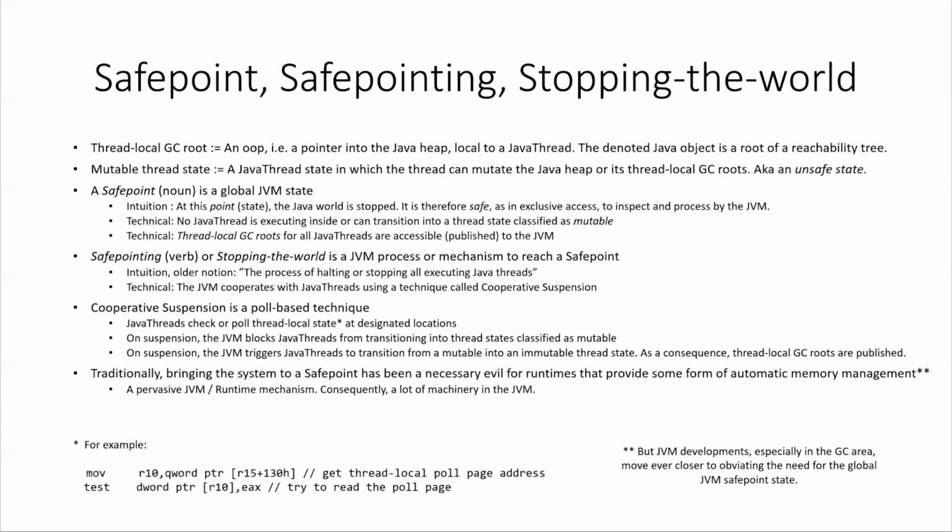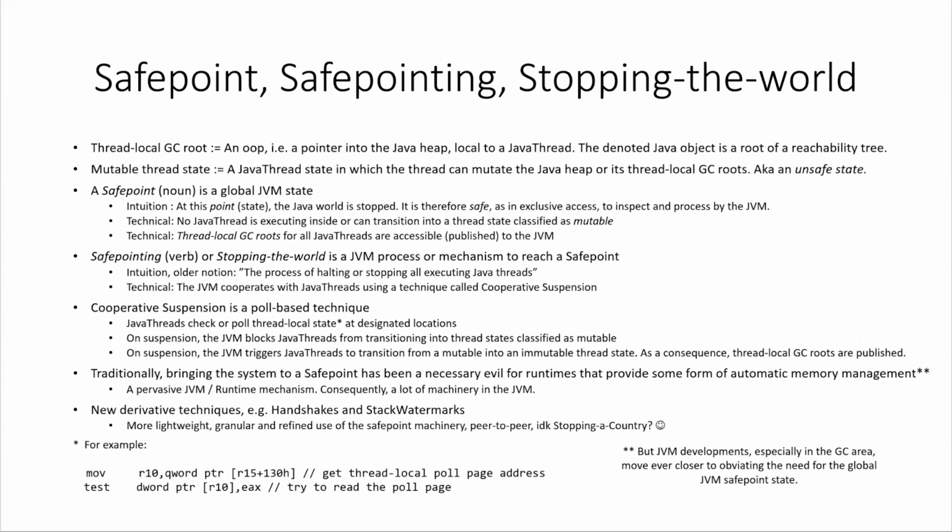Recent JVM developments, especially in the GC area, have moved even closer to obviating the need for the global JVM state. But since its tradition and its central functionality in the VM, there's of course a lot of machinery in the JVM to support this.